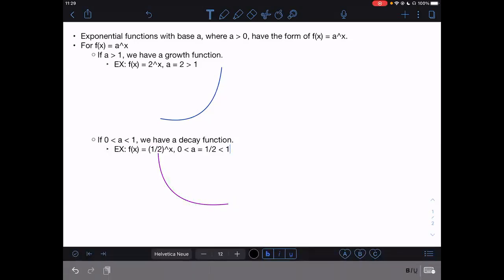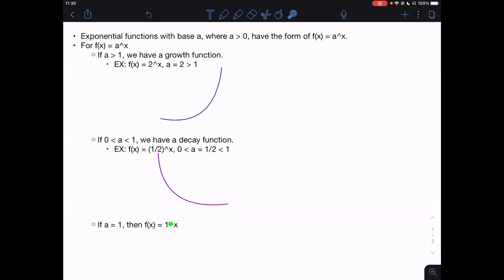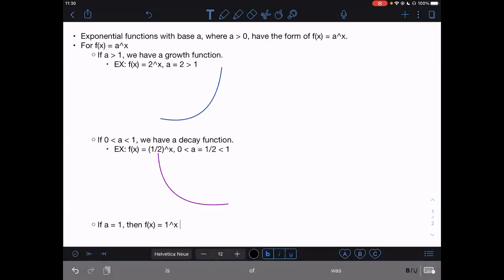But what if our base was exactly 1? Well, let's see what happens. If our base is exactly 1, then our function will be defined as 1 raised to the x power. And again, recalling from algebra, 1 raised to any value of x is just 1.